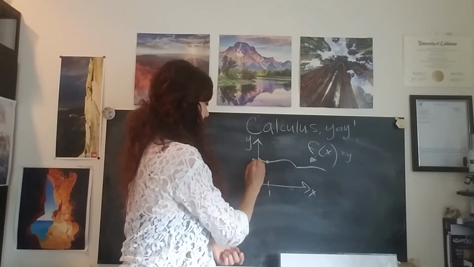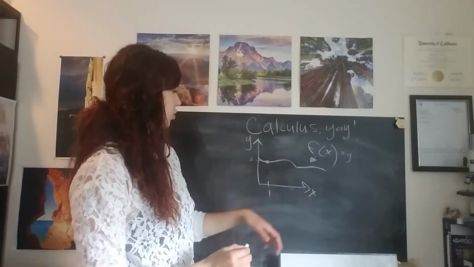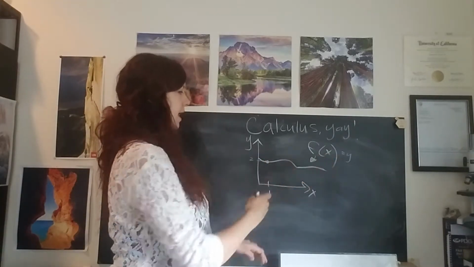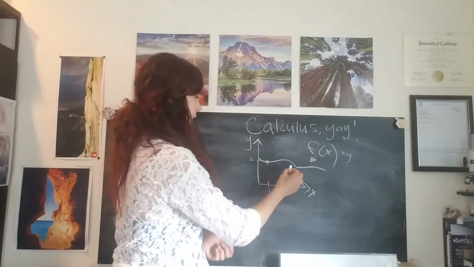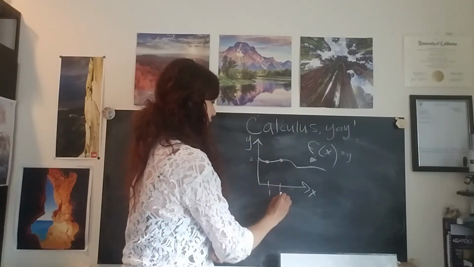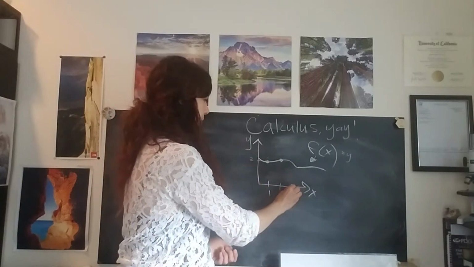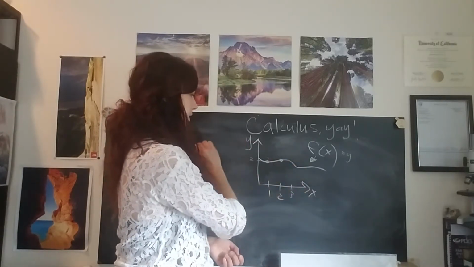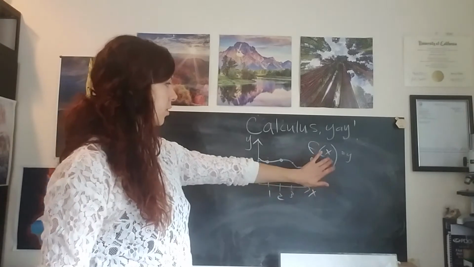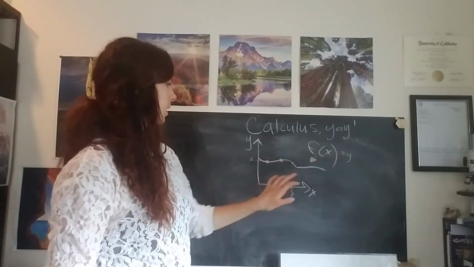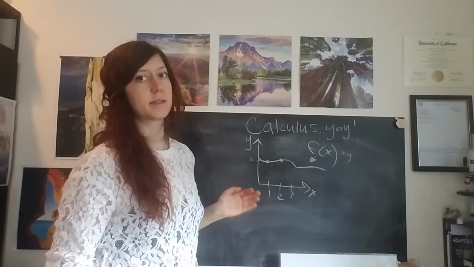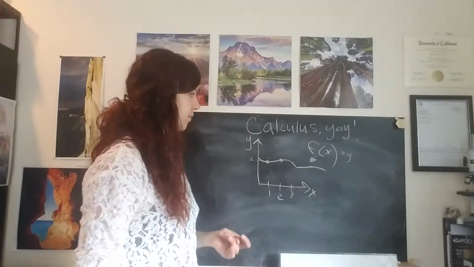And so say for example that was 2. Our function, if we plugged in 1 for x, it would give us 2. If we plugged in 2 for x, it would give us whatever value this is for y. If we plugged in 3, etc. So this is how we figure out what y is for a given value of x.